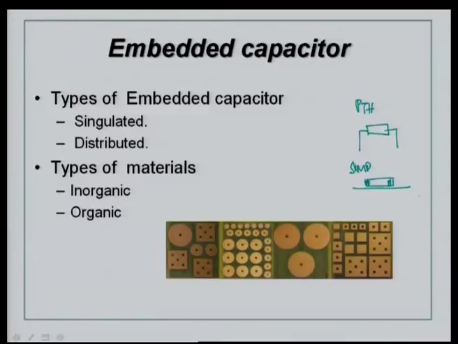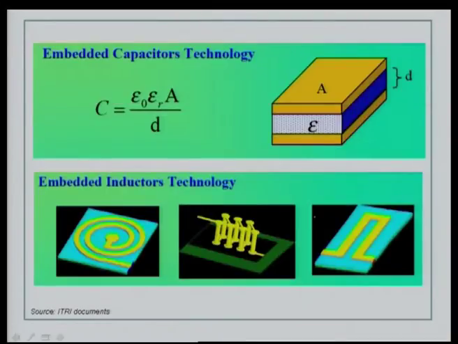So, how do we go about working with embedded capacitors when there is already a challenge in terms of availability of small formats of SMD devices, especially 01005? 0201 is already a well known standard.